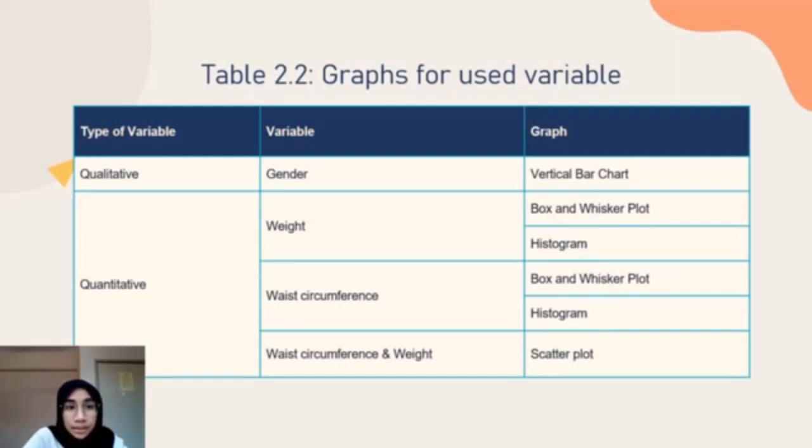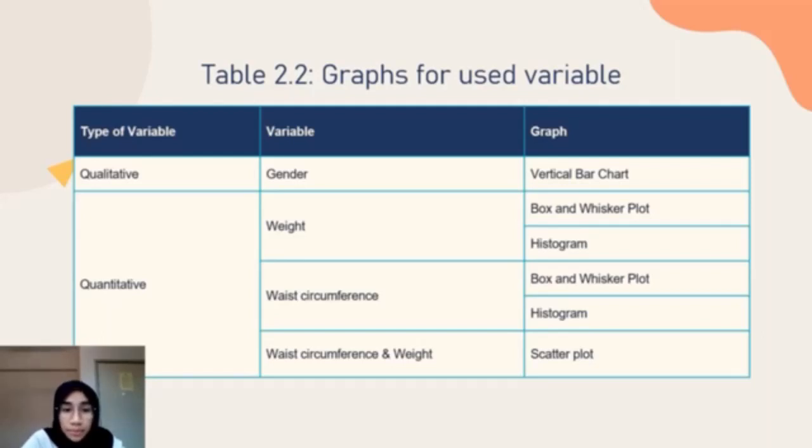In this study, the distribution of data for each variable present is determined by using a graphical technique. The type of graph that is used for each variable is shown in this table. For the qualitative variable gender, the graph used is a vertical bar chart.